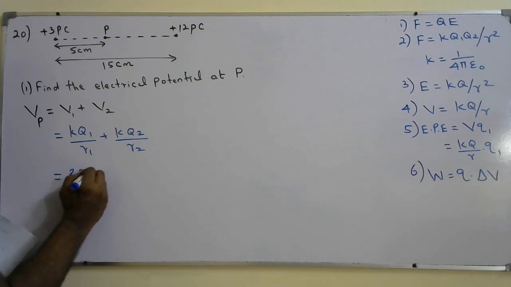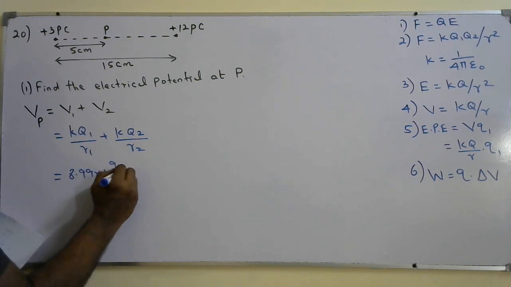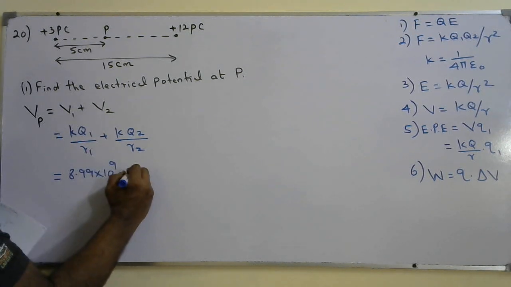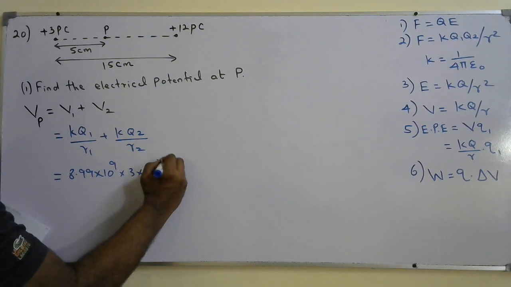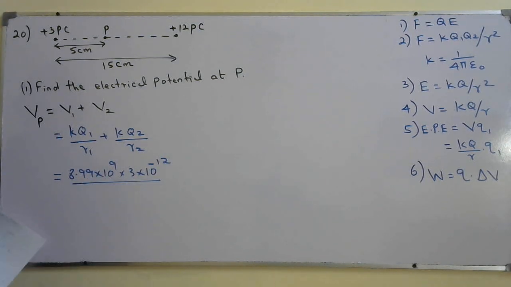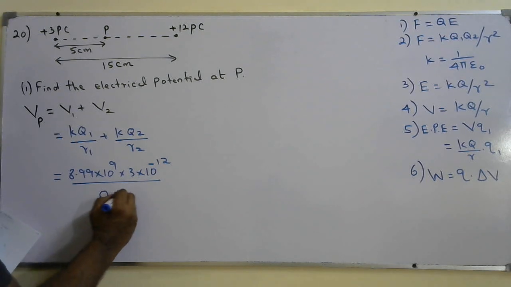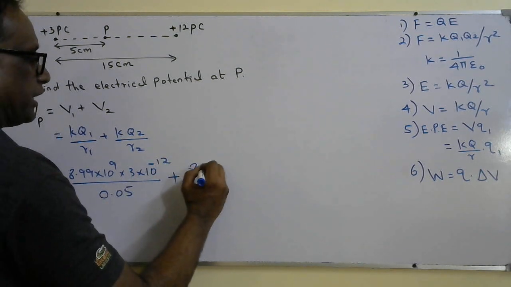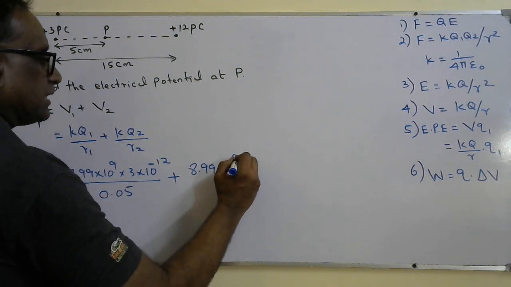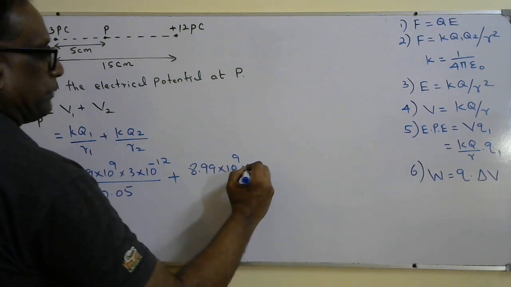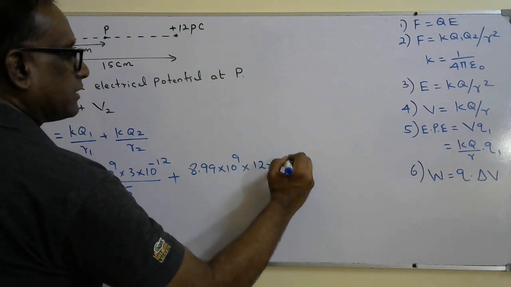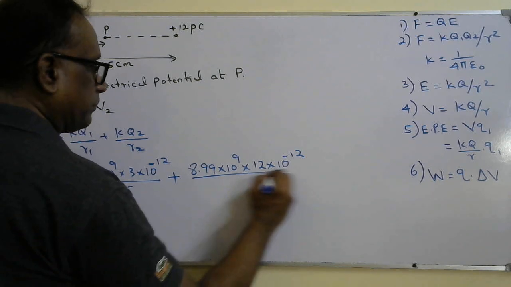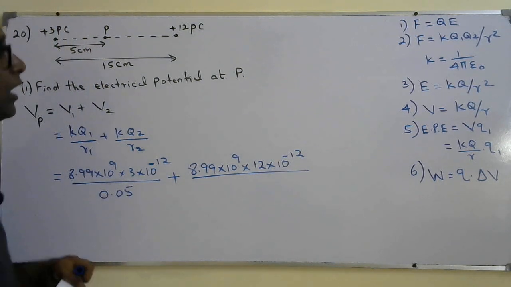So 8.99 × 10^9 times Q1, that is 3 pico, 10^-12, over R1, 5 centimeter, 0.05, plus again 8.99 × 10^9 times Q2, 12 picocoulomb, 12 × 10^-12, pico means 10^-12, over R2.